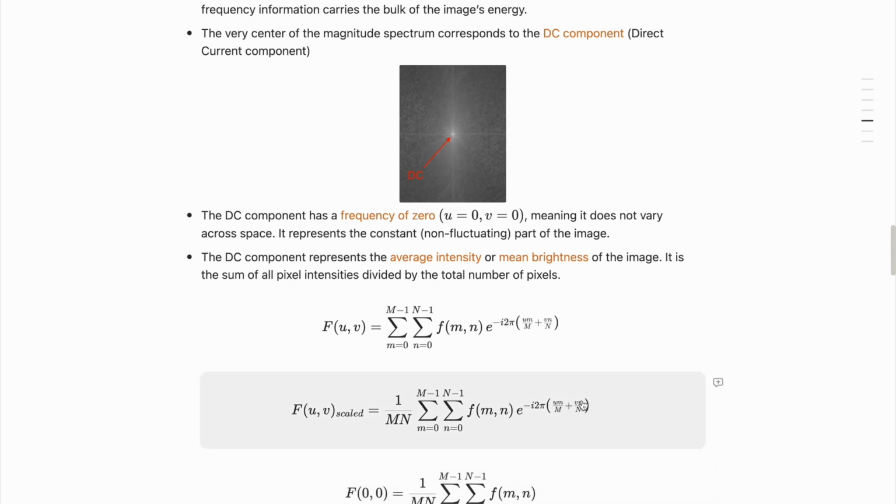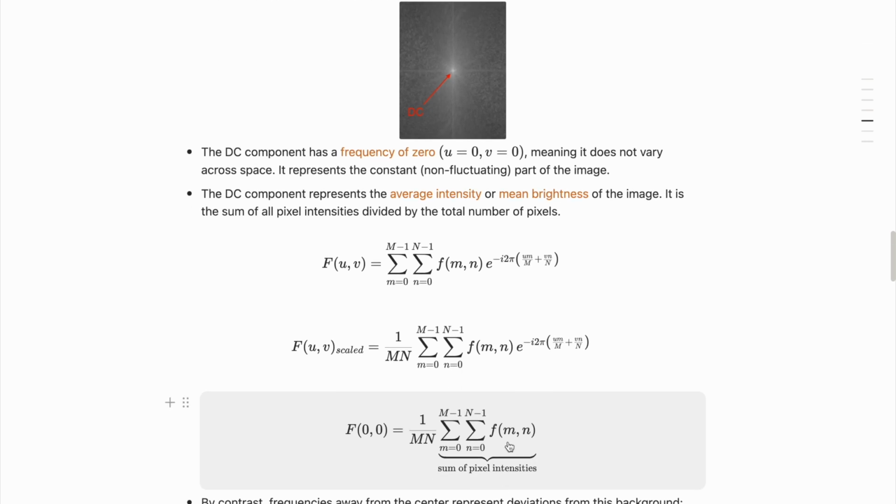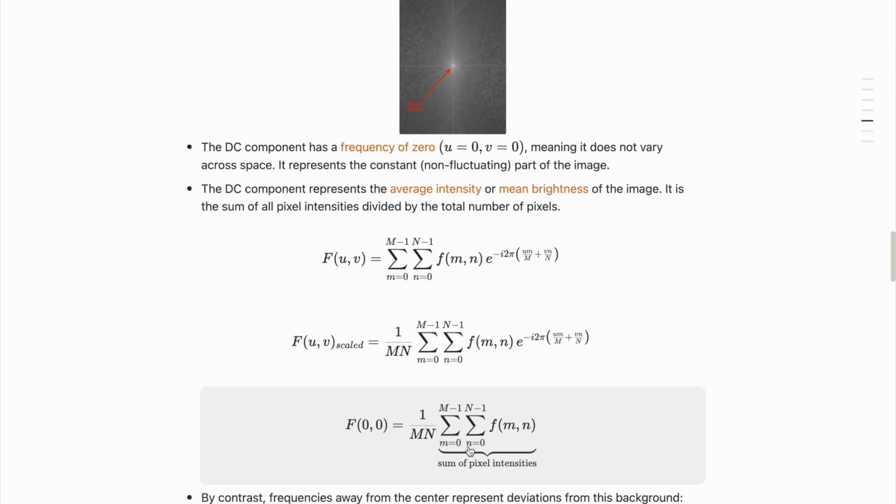Well, this exponent becomes 0. e to the 0 is 1. So this formula is transformed to this. This is just the sum of all pixel intensities divided by the number of pixels. That becomes the average pixel intensity or average brightness of the image.